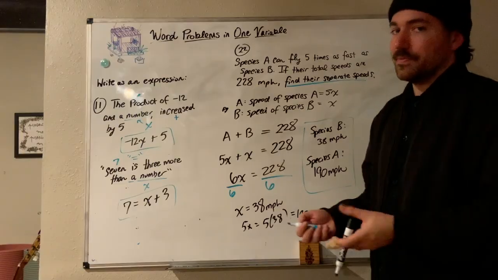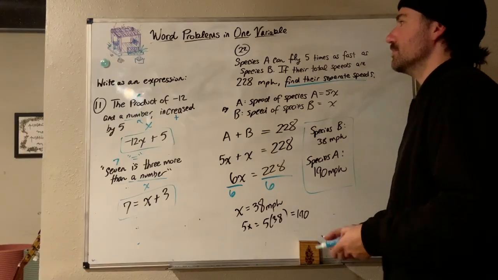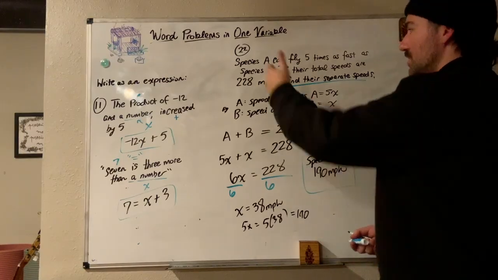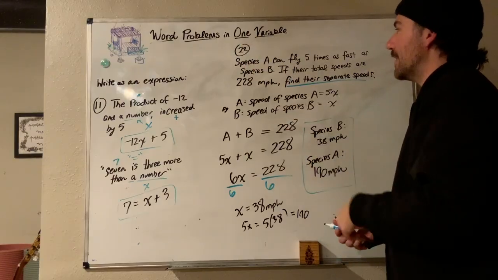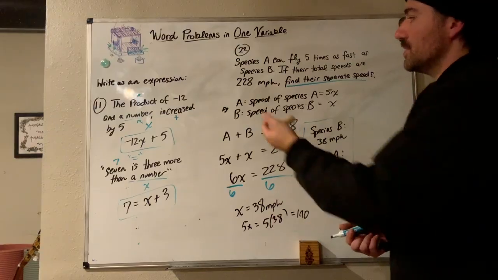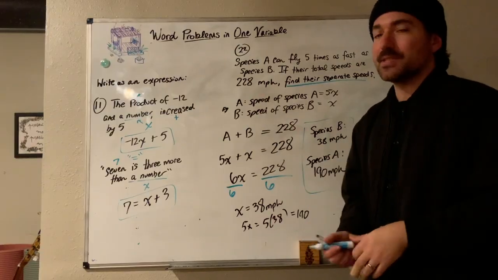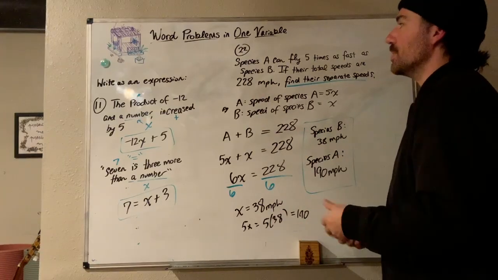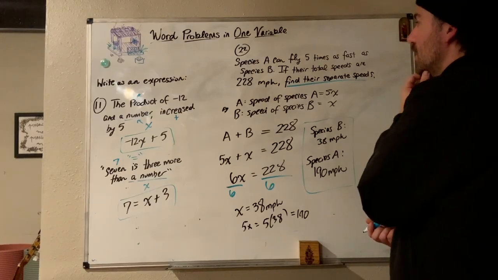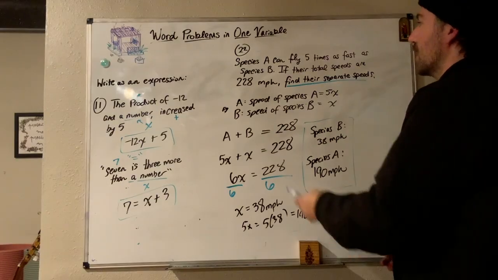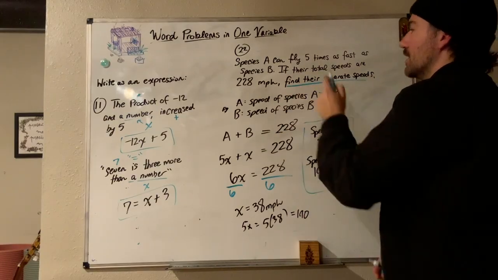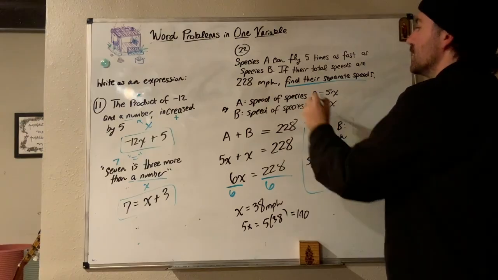So I go through a few set stages when I'm trying to make it through a word problem. The first is just to read through the whole thing and try to get some sense of what's happening. If it involves some kind of geometric shape, it's useful to draw out a picture, although this is birds flying, so maybe that would be less helpful for us. So I first read through. If I can draw a picture, I'll do that. And then I start to go through and maybe underline or annotate things that look interesting to me.